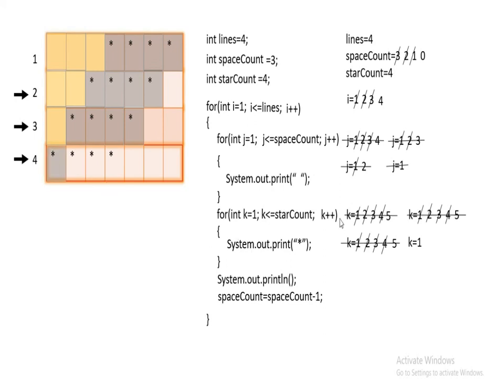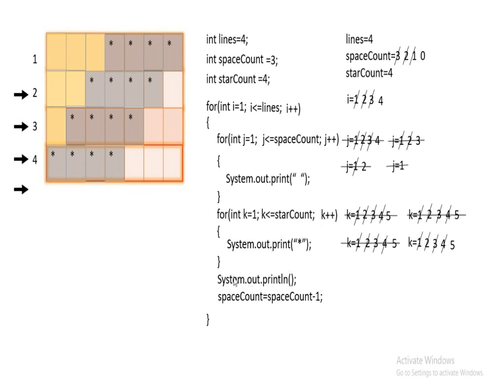Then go back to k++, k becomes 2, 2 is less than or equal to 4, so again print star. Similarly, these 2 stars are also printed until k becomes 5, so print these 2 stars and end this for loop.